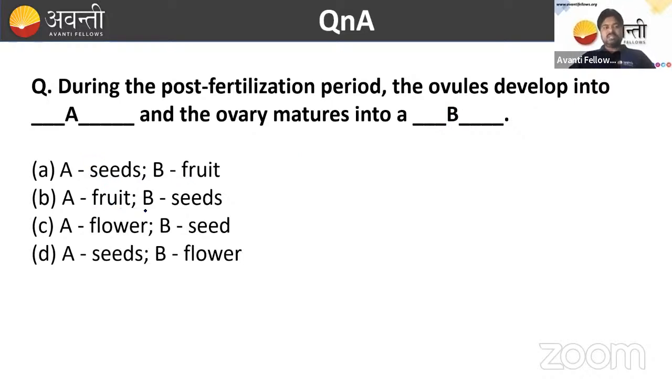Option B: A is fruit, B is seed. Option C: A is flower, B is seed. Option D: A is seed, B is flower. I'm launching the poll. Please answer in the poll. You have 1 minute to solve this question, then we move toward the explanation part.